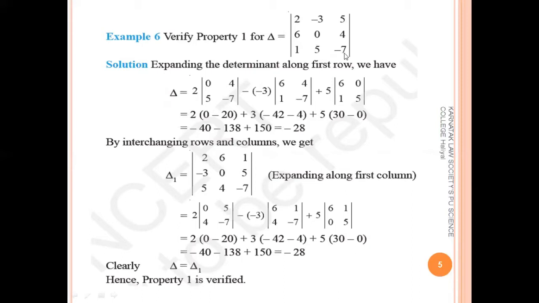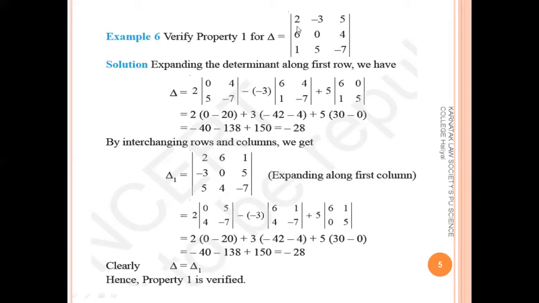Again, we need to expand it along the first row. 2, deleting that row and column, you will get 0, 4, 5, minus 7, and minus of minus 3, because the element lies in the first row and second column, that's why minus 3. For that 3, you delete the element's row and column. You are left with 6, 4, 1, minus 7, plus 5.